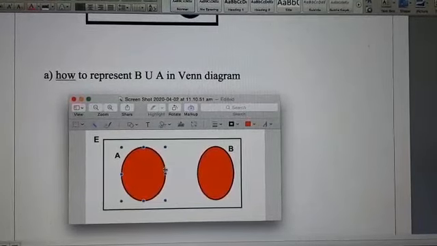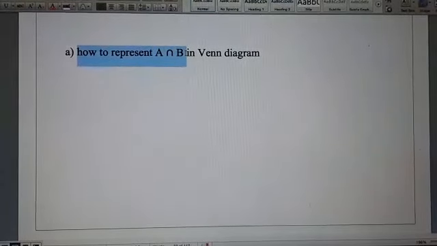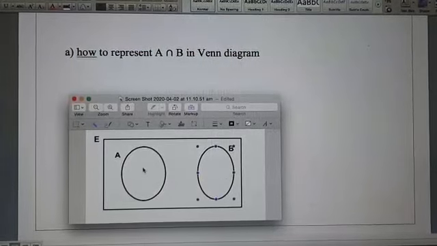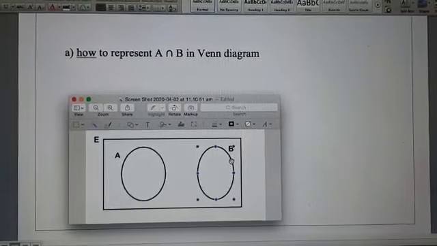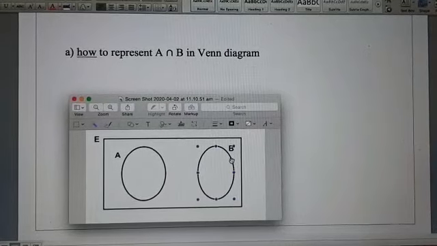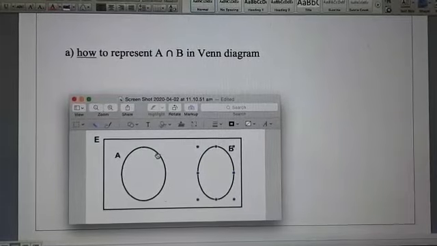So this is the case when the sets are overlapping, and the result will be this one if they are not overlapping. Now how do we shade A intersection B in a Venn diagram? That is simple. This is your Venn diagram, a rectangle that represents a universal set, the set A represented by this circle, and the set B represented by this circle. Now we have two different sets, A and B, and they are not overlapping.